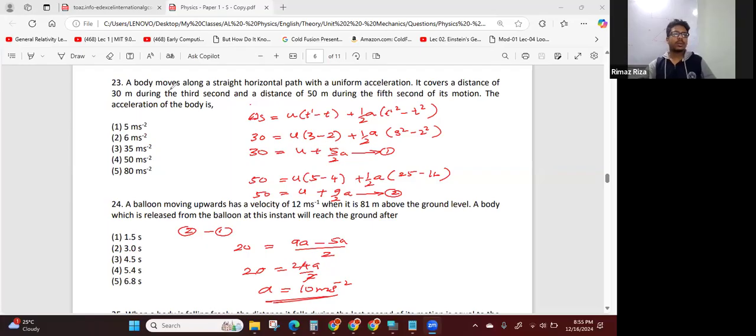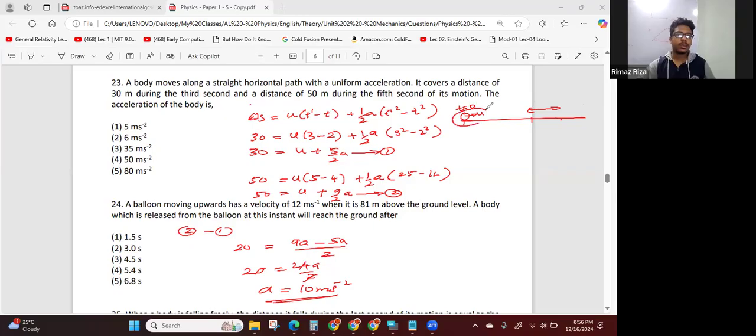No, it talks about the same object, right? So when you start the motion, t equals 0, that's the velocity. It will be the same, it's actually one object. During the third second it has traveled some distance, and in the fifth second some distance.